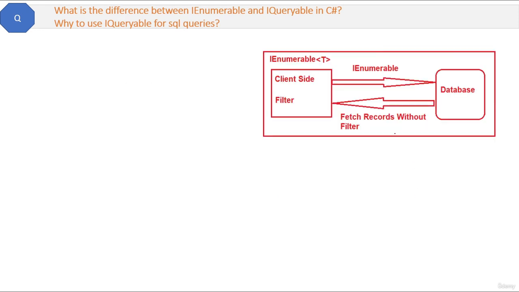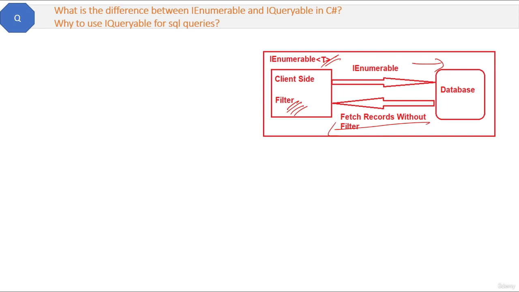If you use IEnumerable, then first the request will go to the database and bring the whole data from the database, and then filter the result at the server side here. So bringing the whole data over the network will impact the performance in a negative way, right? Because the data is too much.